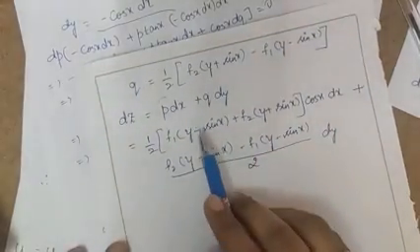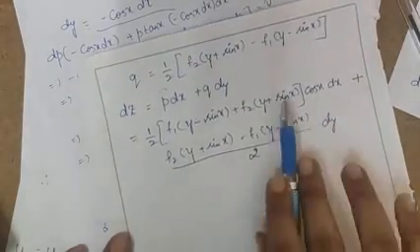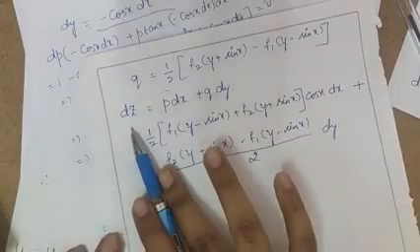So this is my p into dx, this is my q into dy. If I integrate this, I will get the value of z.